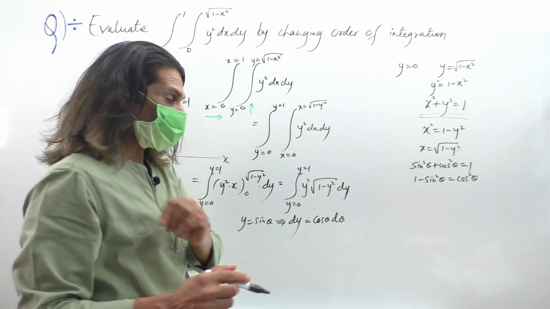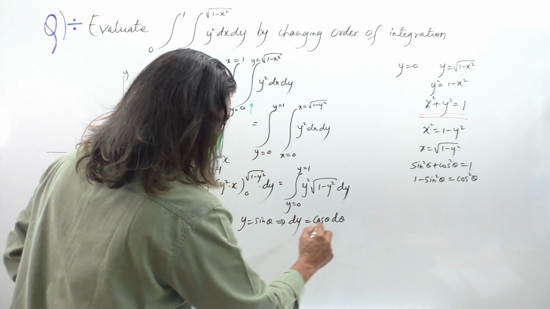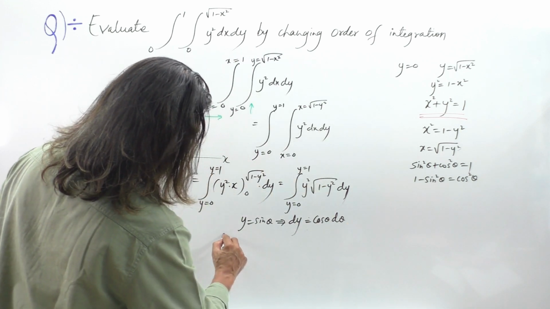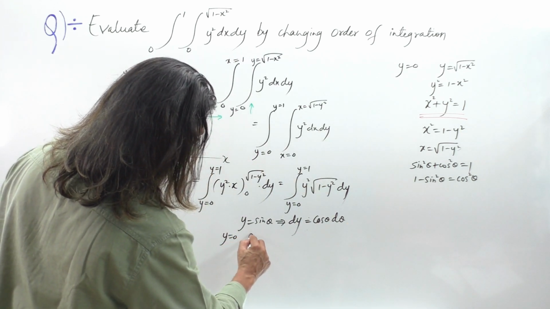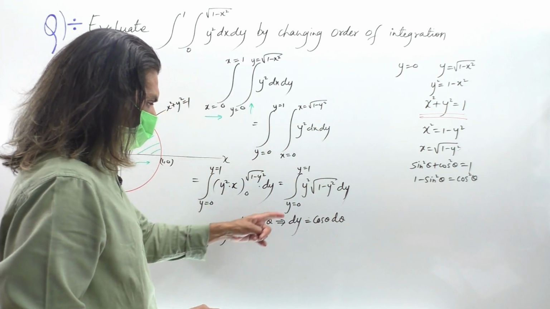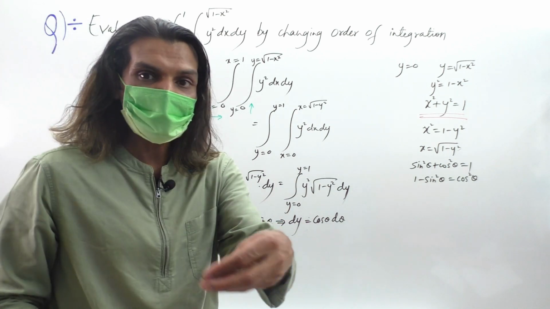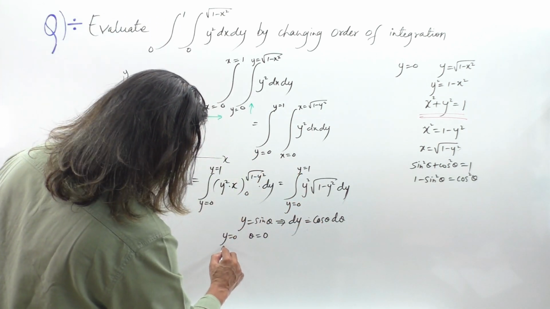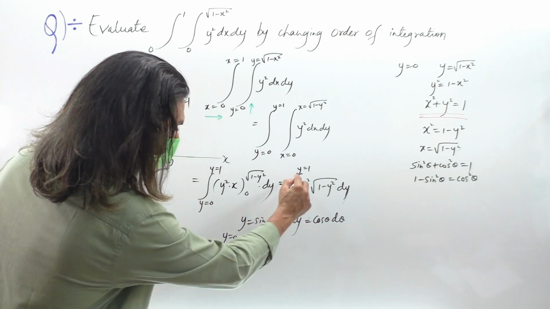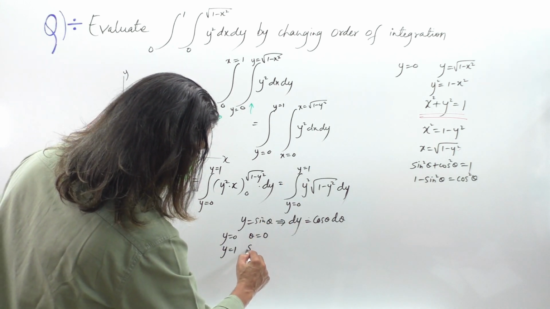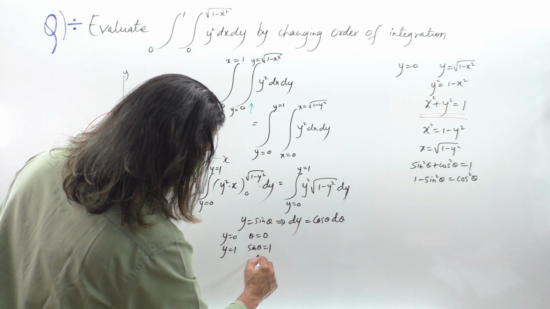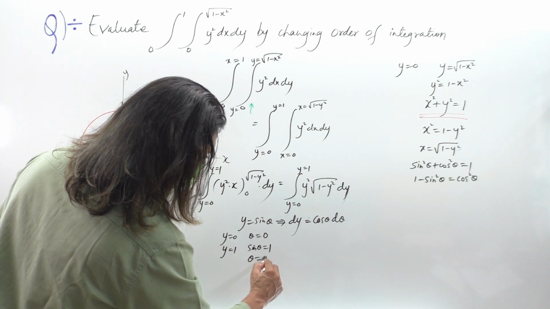So the limits will also change. When y is equal to 0, sin theta is 0, so theta is also equal to 0. But when y is equal to 1, sin theta is equal to 1. So what is theta equal to?